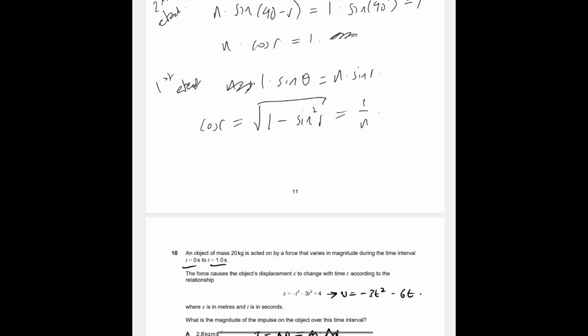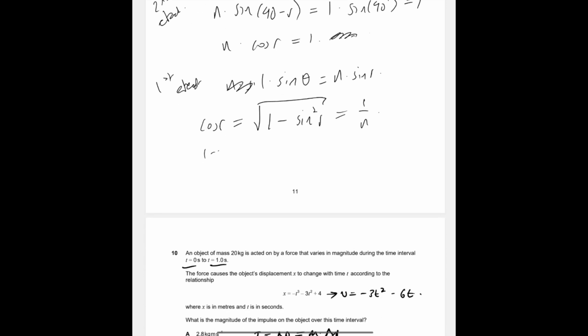So that means, from the equation for the second refraction, we can get cosine r, which is going to be root of 1 minus sine squared r, because the square root of that equals 1 over n. And that's because cosine r is going to be positive, because r is going to be less than 90 degrees.